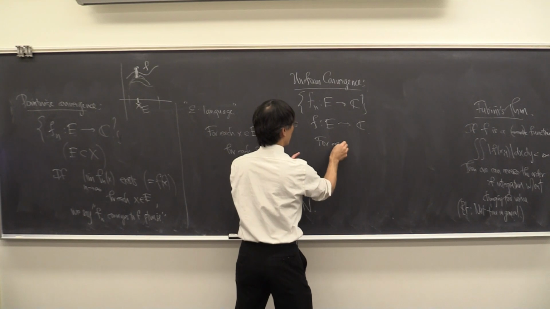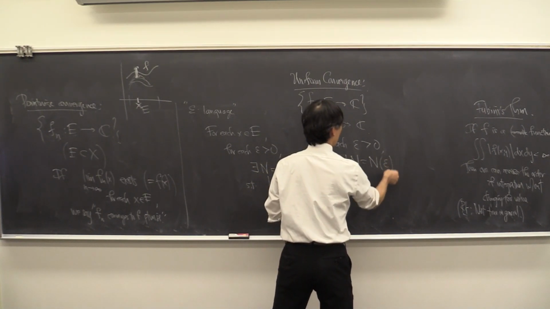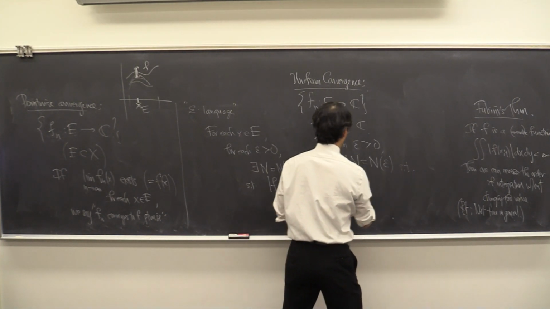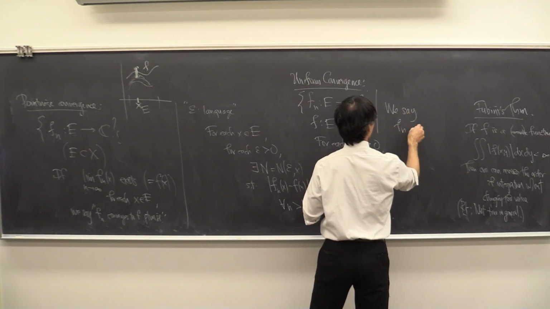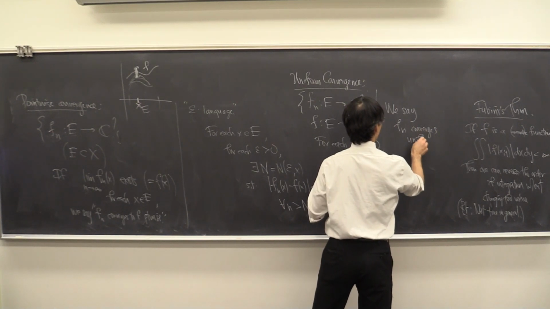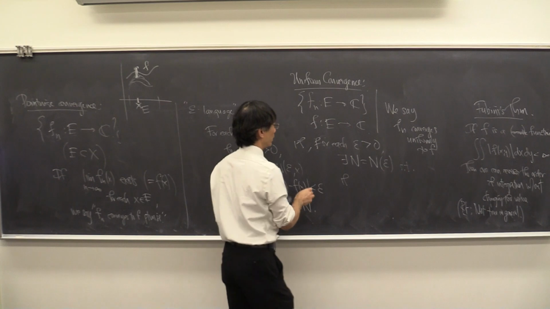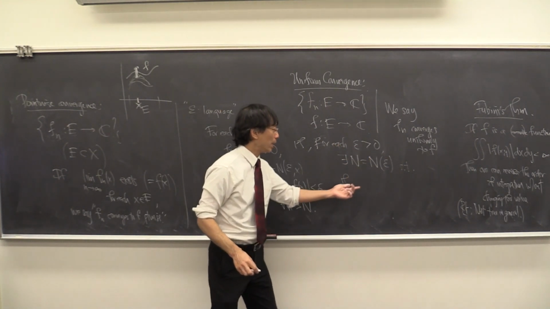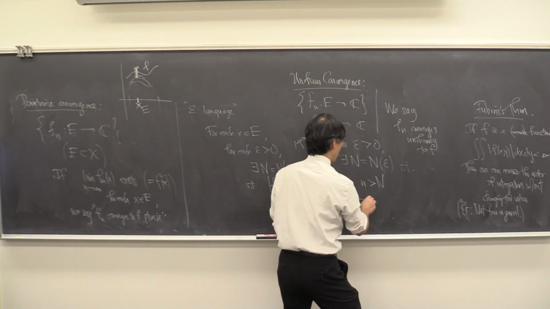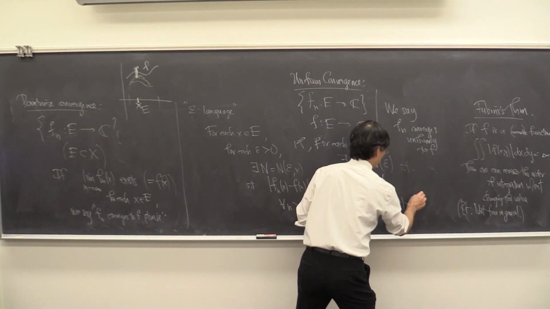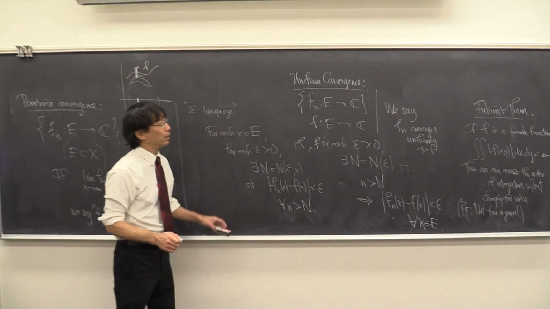You say f sub n converges uniformly to f if for each epsilon greater than 0, there exists an n dependent on epsilon only, such that if you're past that time, then the distance between f sub n and f is smaller than epsilon for all x in your set.